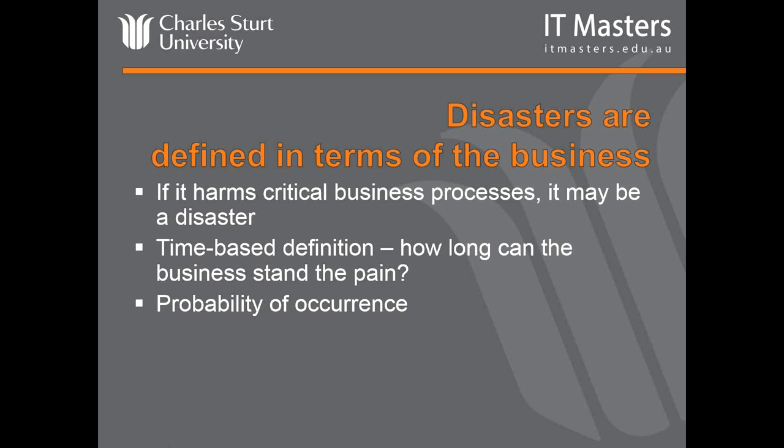What is the probability of occurrence? So this is a risk-based function. How likely are we to get an earthquake in Sydney? It's possible. We've just had some again in New Zealand, and they've felt the pain over there, a little way away from us, but we don't get too much over here in Australia. At the same time, who knows?